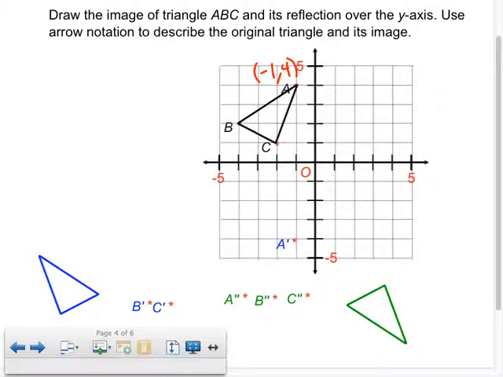-1, -4. That's not across the y-axis. That's across the x-axis. You gave me the point across the x-axis. I need the point across the y-axis. -4 and 1, that's here. That's not going to be it.